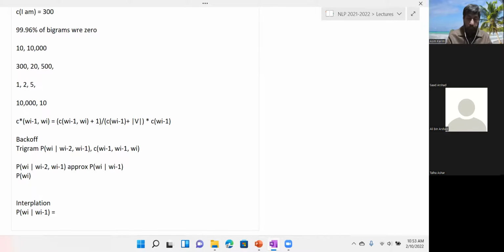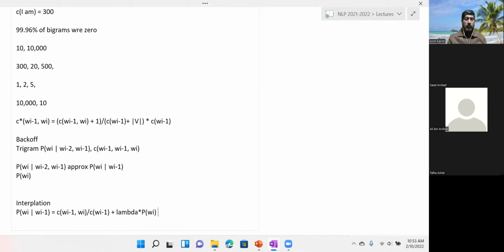What you can do is, of course, C of Wi minus 1 Wi divided by C of Wi minus 1, plus some non-negative parameter lambda times the probability of Wi, the unigram.